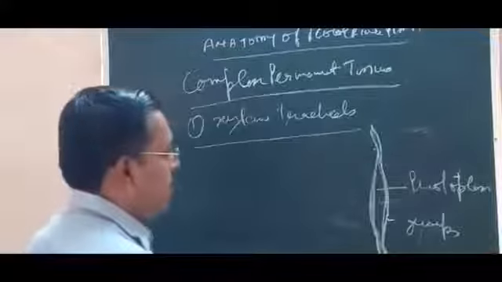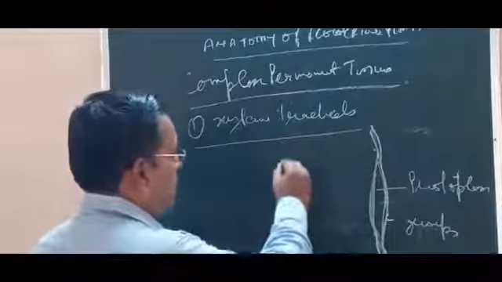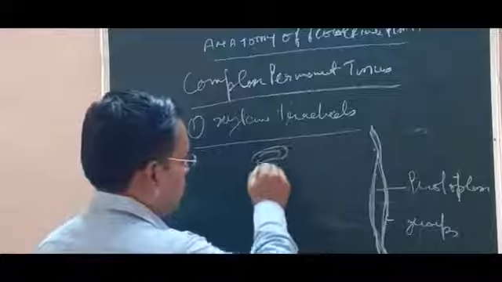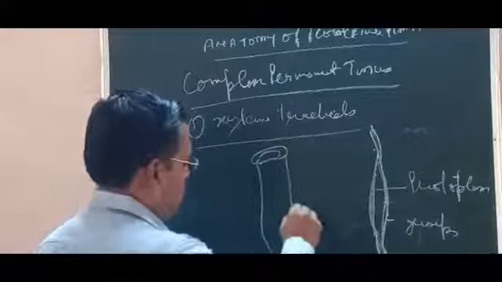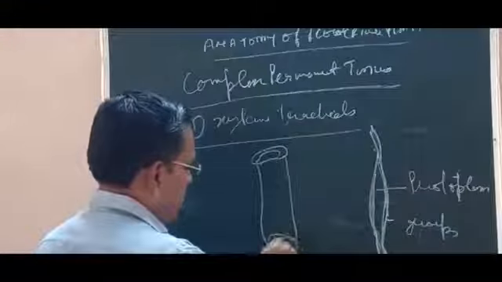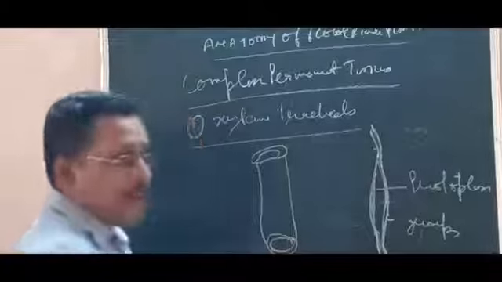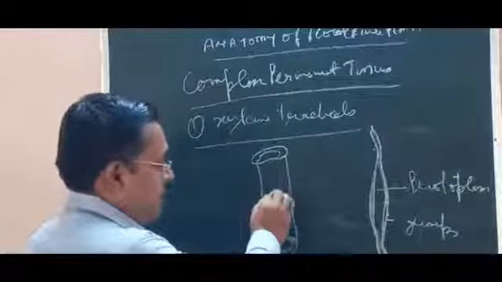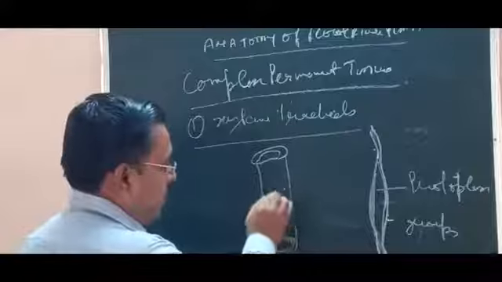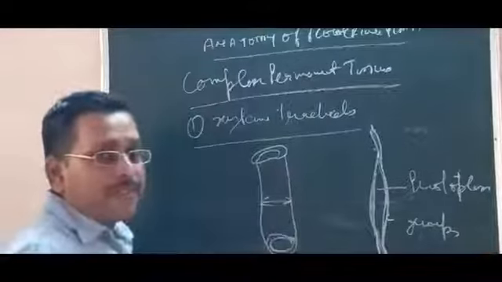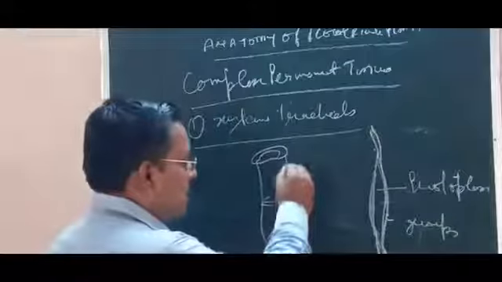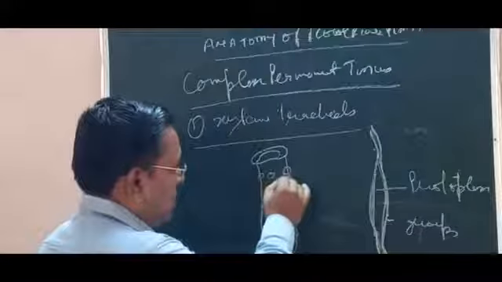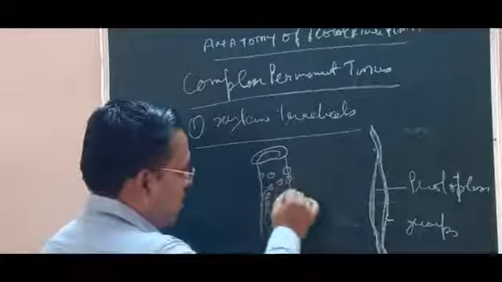While xylem vessels are a kind of cell having a wide cavity, xylem vessels have perforated walls.